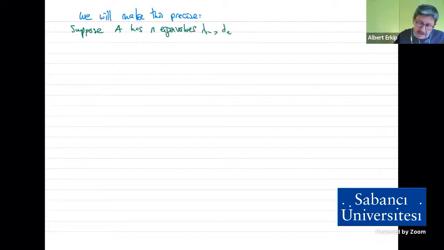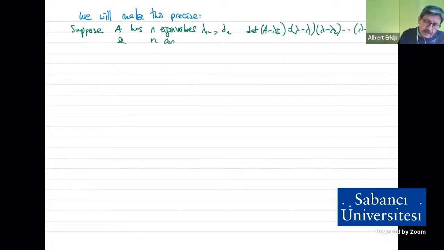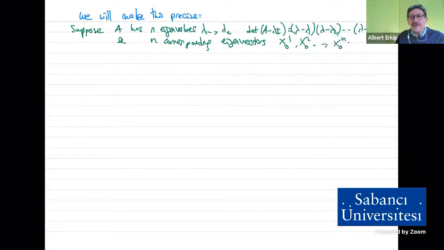In other words, the determinant of A minus lambda I is just (lambda minus lambda 1)(lambda minus lambda 2) and so on up to (lambda minus lambda n), and n corresponding eigenvectors, say x0,1, x0,2, up to x0,n. So I have n corresponding eigenvectors and n eigenvalues.